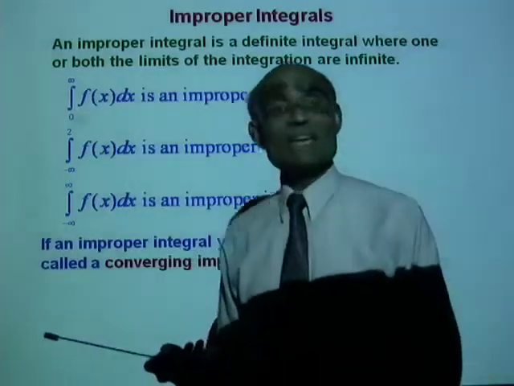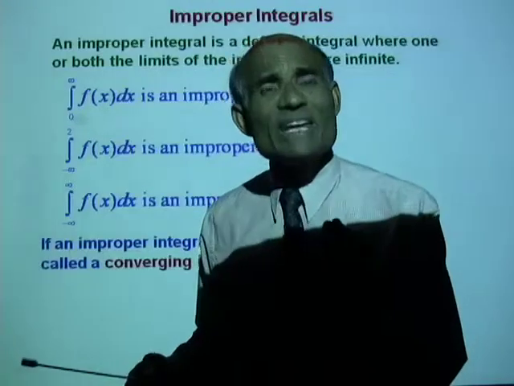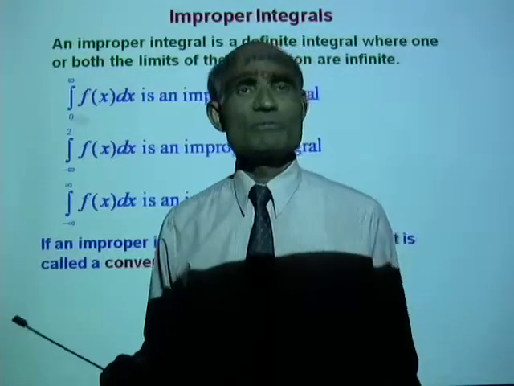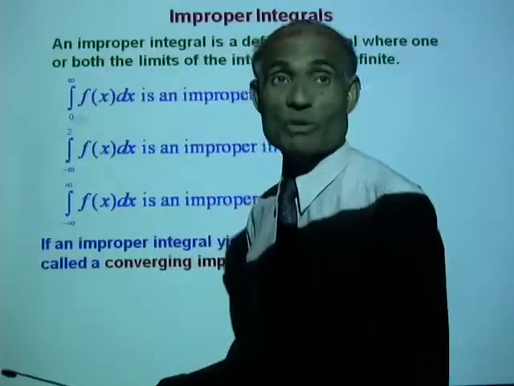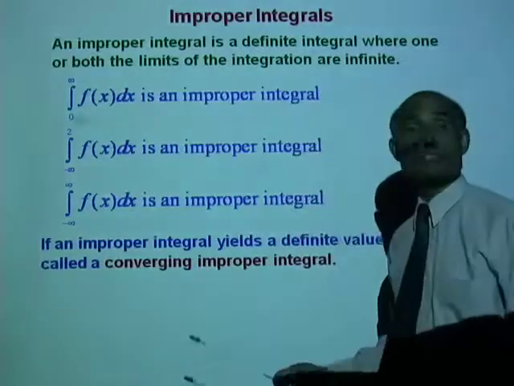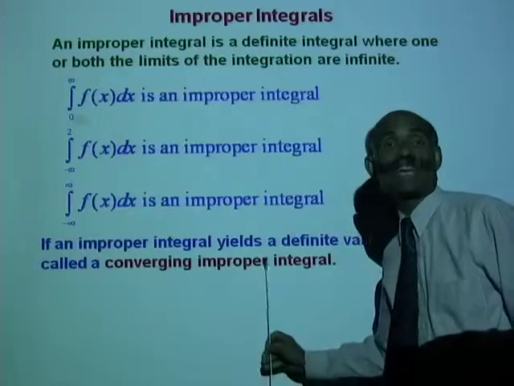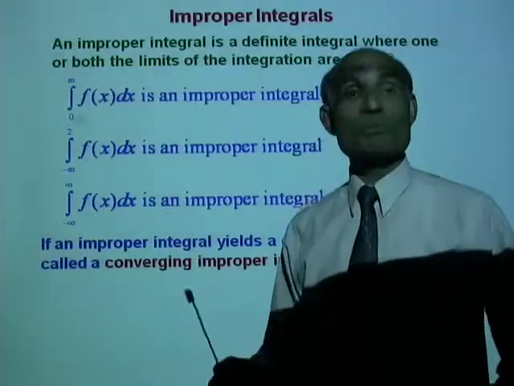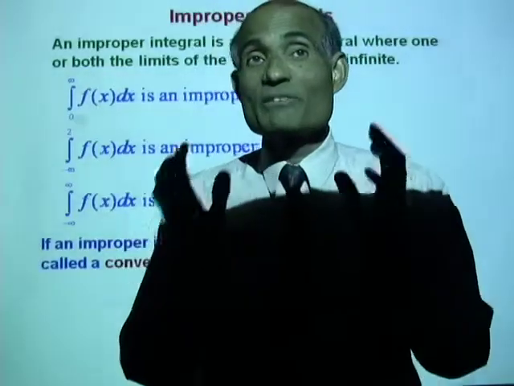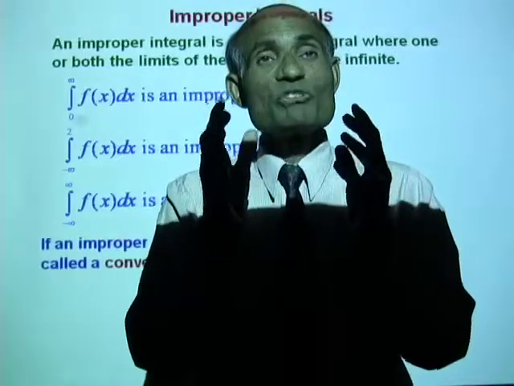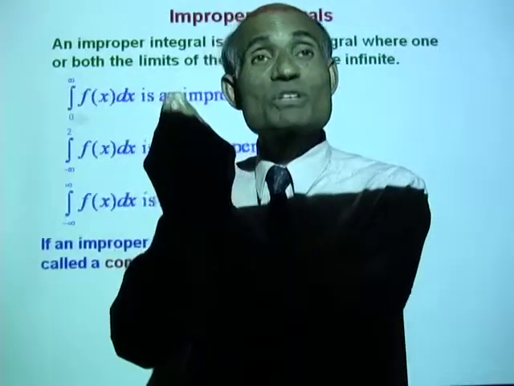Now, will an improper integral yield a definite value? Well, some of them do. If an improper integral yields a definite value, then it is called a converging improper integral. That type of improper integral will converge to a particular value.